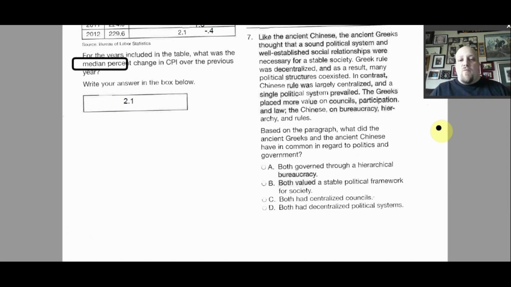The Greeks placed more value on councils and participation and law. So more value on like little smaller pockets deciding different things. It's like a breakout group. If you've ever been in one of those, you break out to try to decide something, then you come together and everybody figures it out. Whereas the Chinese focused on bureaucracy, so politics, and hierarchy and rules.